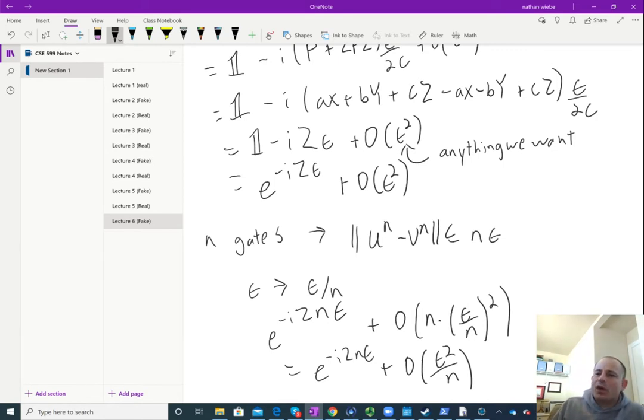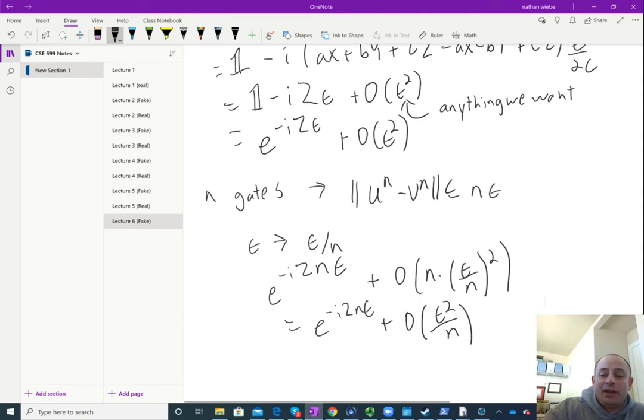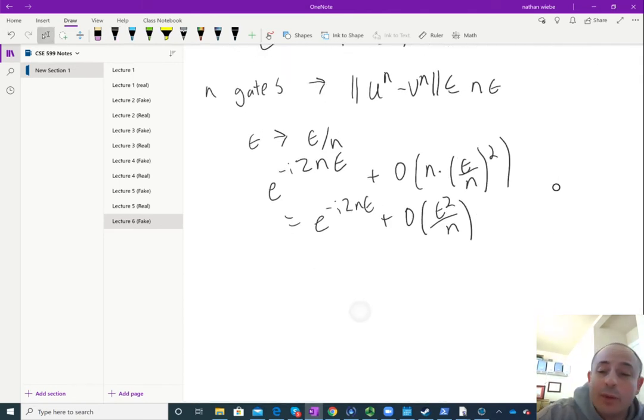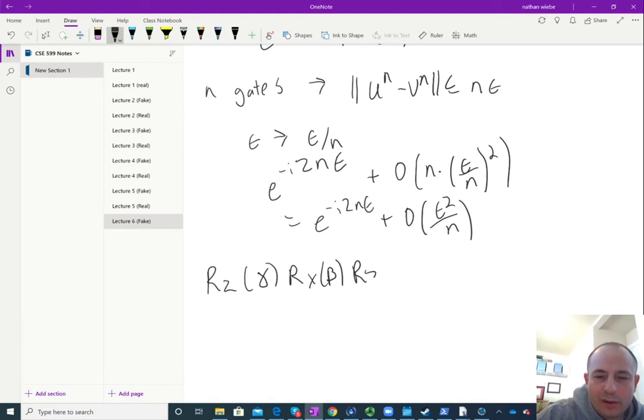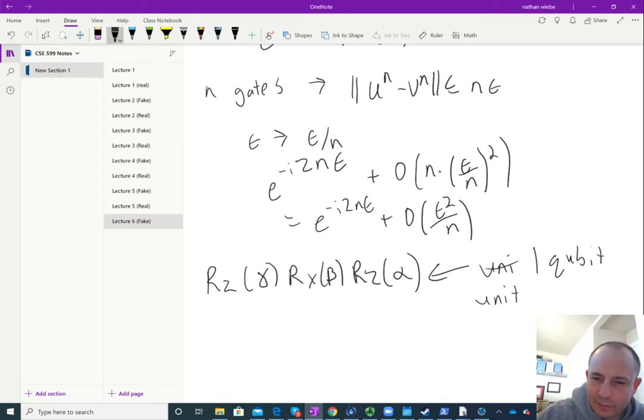Once we have the ability to do any z rotation with an arbitrarily small error, then we can do Rz of gamma, Rx of beta, Rz of alpha, which builds any one qubit unitary.